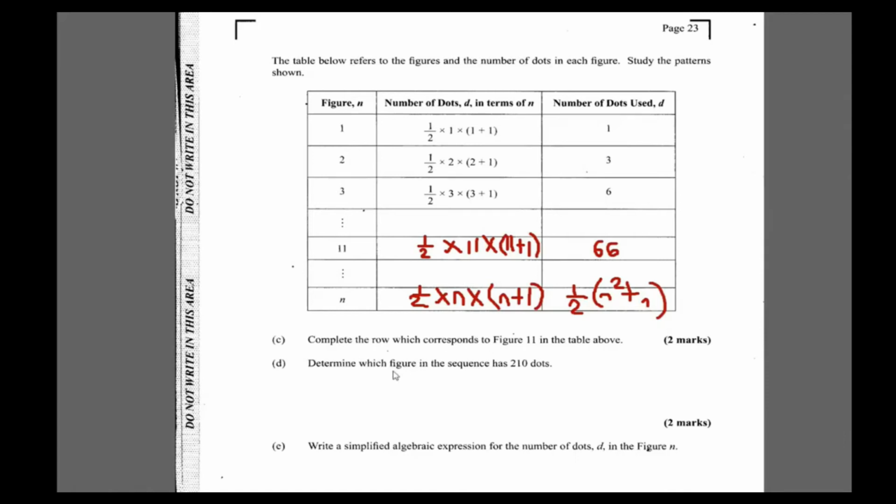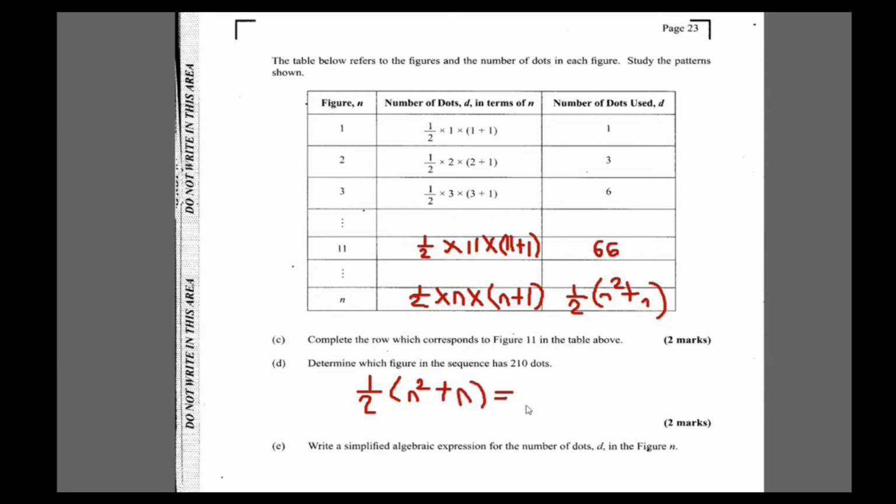We did that. Then it says determine the figure in the sequence that has 210 dots. Which figure is going to have 210 dots? We don't know yet, but we can set a half n squared plus n equals 210, because this gives us the total number of dots for figure n.